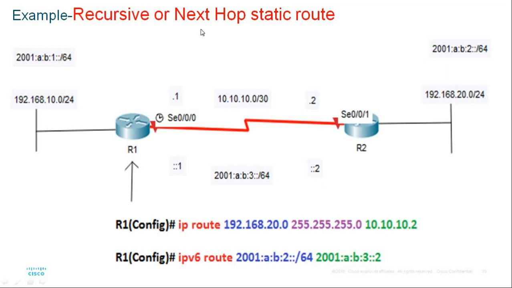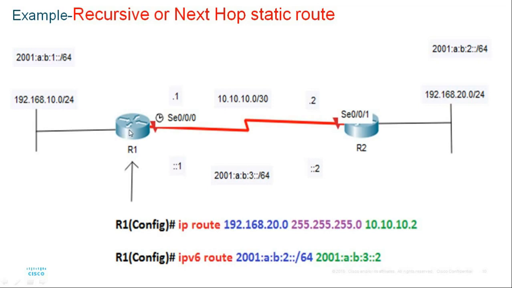The type of static route is a next hop static route. I am at R1, and my next hop is this interface, 10.10.10.2.